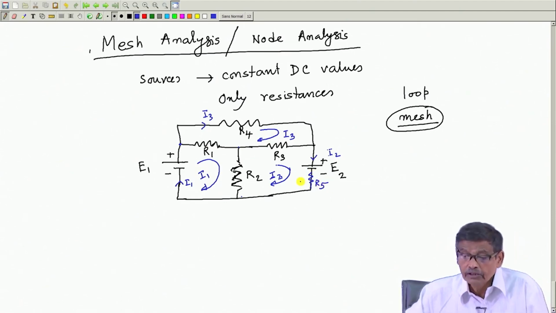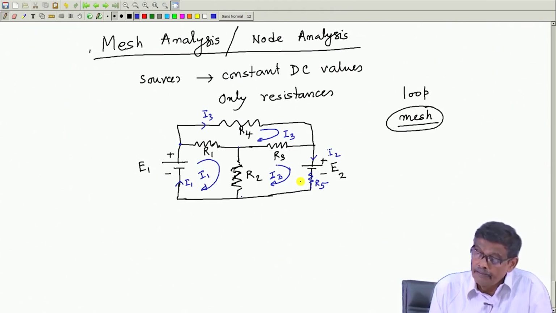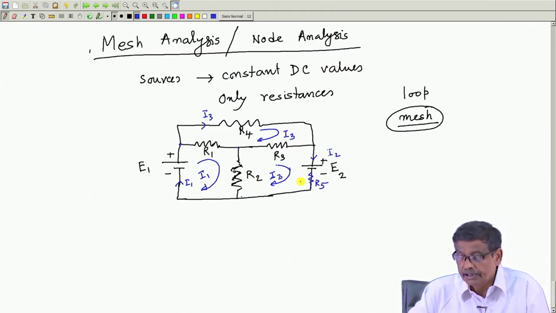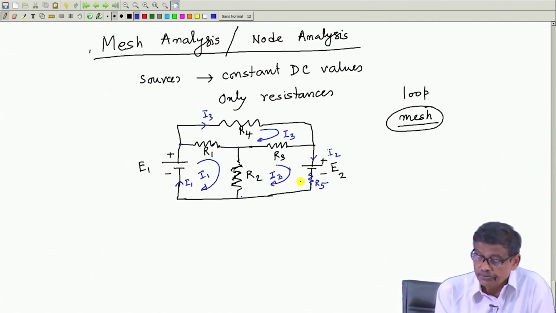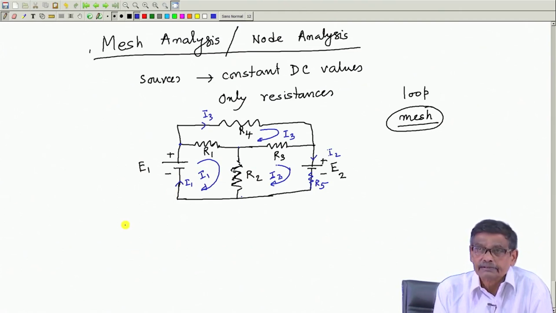Okay. So, in mesh analysis, you first identify the meshes and then assign loop currents following a particular logic, that is clockwise current I will do. Then what you do? You write down KVL in these 3 meshes.